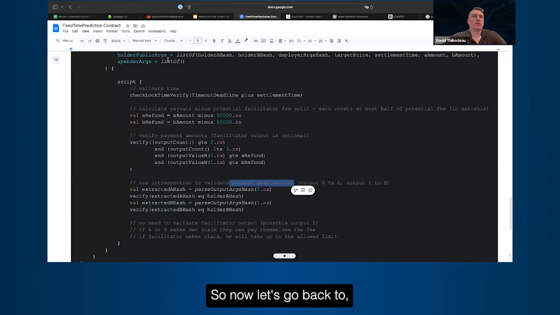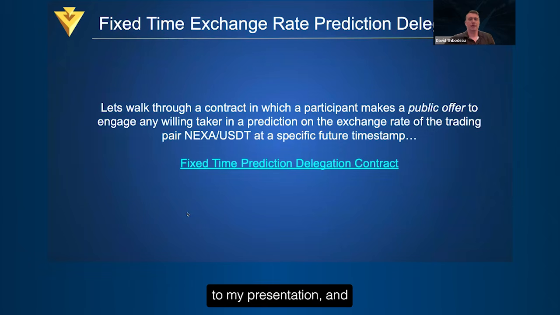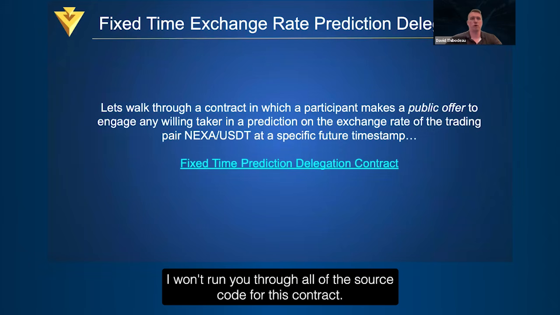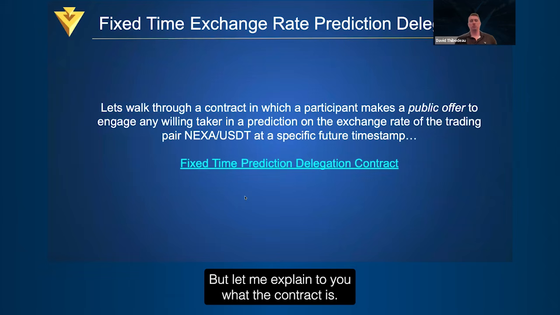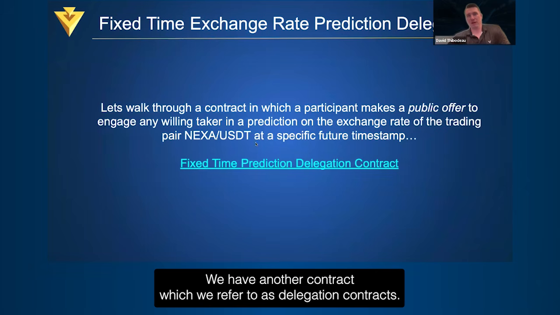So now let's go back to my presentation, and I won't run you through all of the source code for this contract, but let me explain to you what the contract is. For sake of brevity, we have another contract which we refer to as delegation contracts.